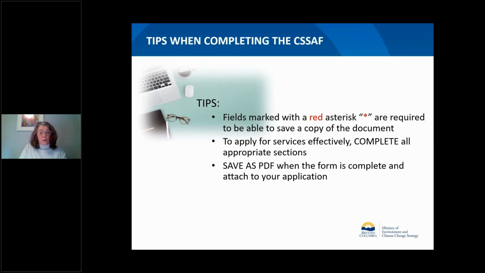The application will not save if a required element on the form is incomplete. The more information you provide on the form will help us understand who our clients are and how to improve our business practices to support you better. When the form is complete, you may save the form as a PDF to send electronically with your application.